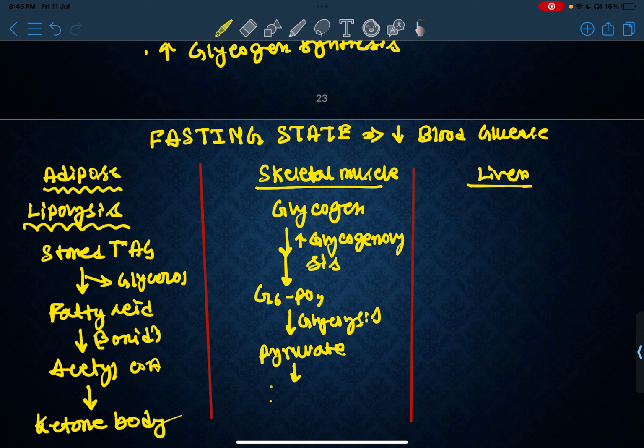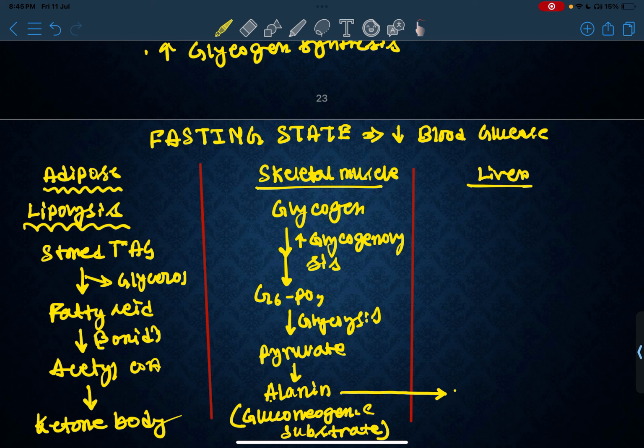This pyruvate will convert into alanine, not into glucose or acetyl coenzyme A, nothing. It converts into alanine, which is a gluconeogenic substrate.